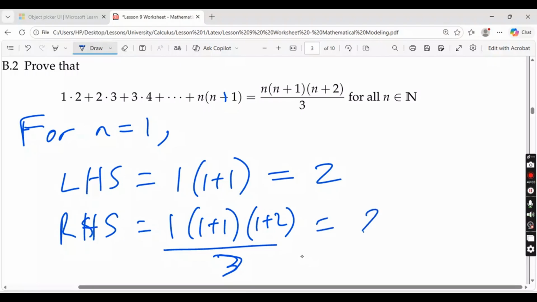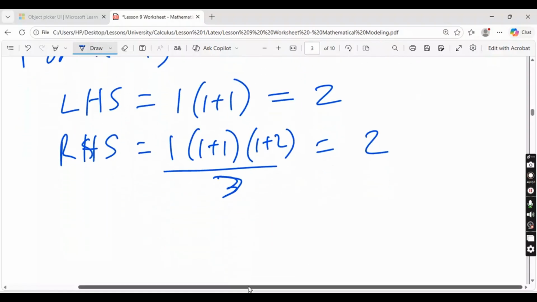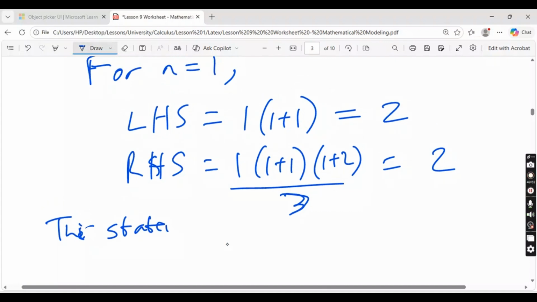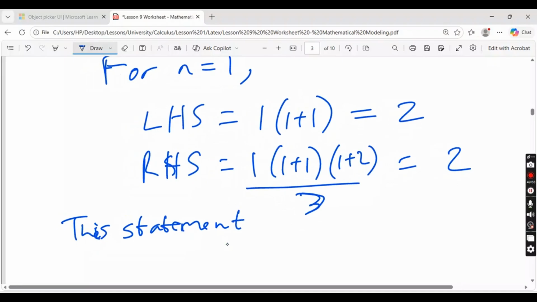So now what statement do we write? We then write: the statement is true when n equals 1.